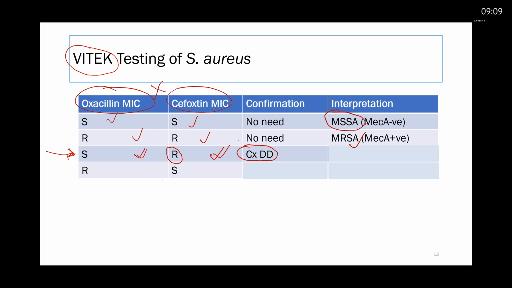Alternatively, you can do a cefoxitin E-strip, or an MIC by another conventional broth microdilution method. And then you look for the result of cefoxitin. Suppose your tiebreaker test, cefoxitin disc diffusion, comes as susceptible, and oxacillin MIC was already susceptible, you should report it as MSSA.